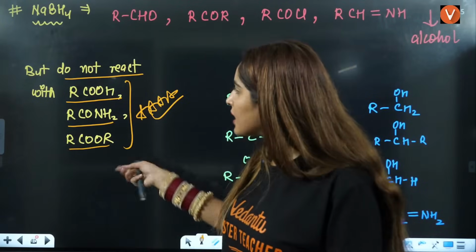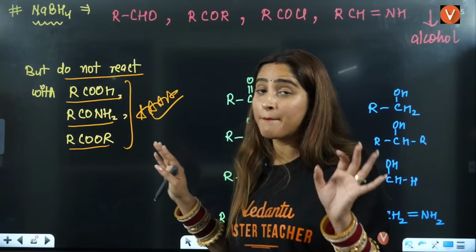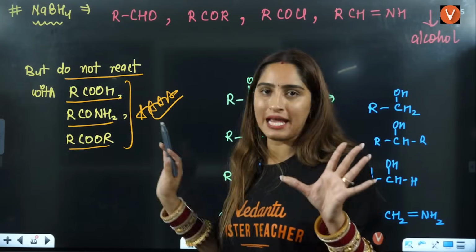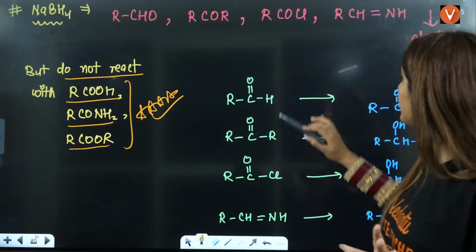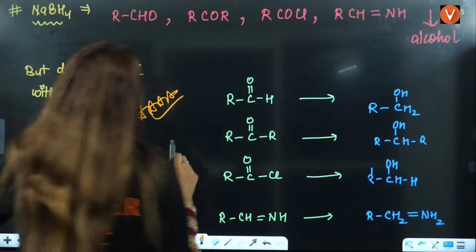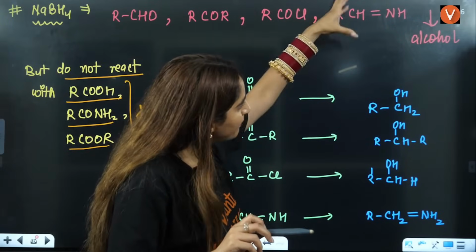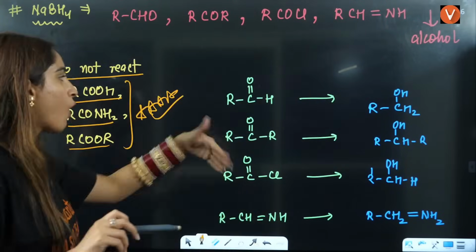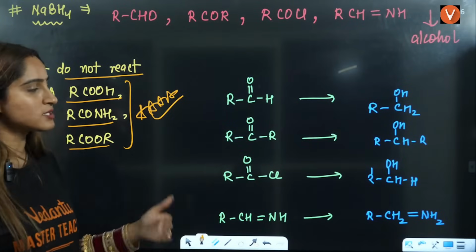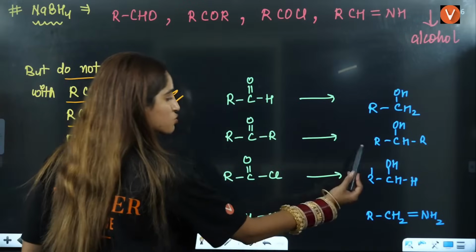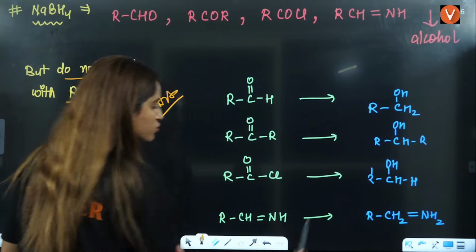LiAlH4 will react with all of them, but NaBH4 will not react with acid, amide or ester. Very important, right? So it can only reduce aldehyde, ketone and acyl chloride to alcohol, right? These are the reactions that are given to us.